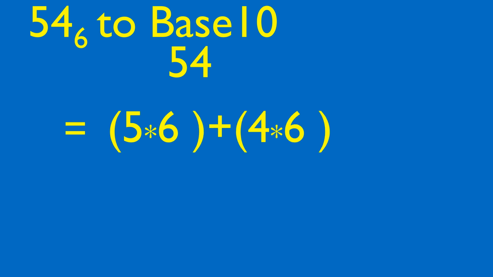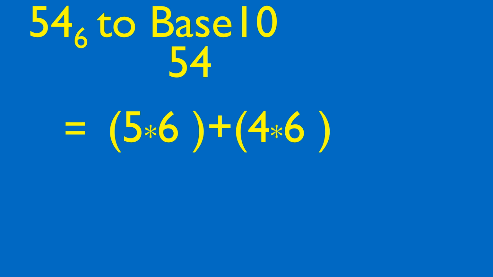So let's start with the first example, which is 54 in base 6, which we will be converting to base 10. So we have the number 54. What we will simply do is multiply each of the digits by the number base. So we have 5 times 6 plus 4 times 6.